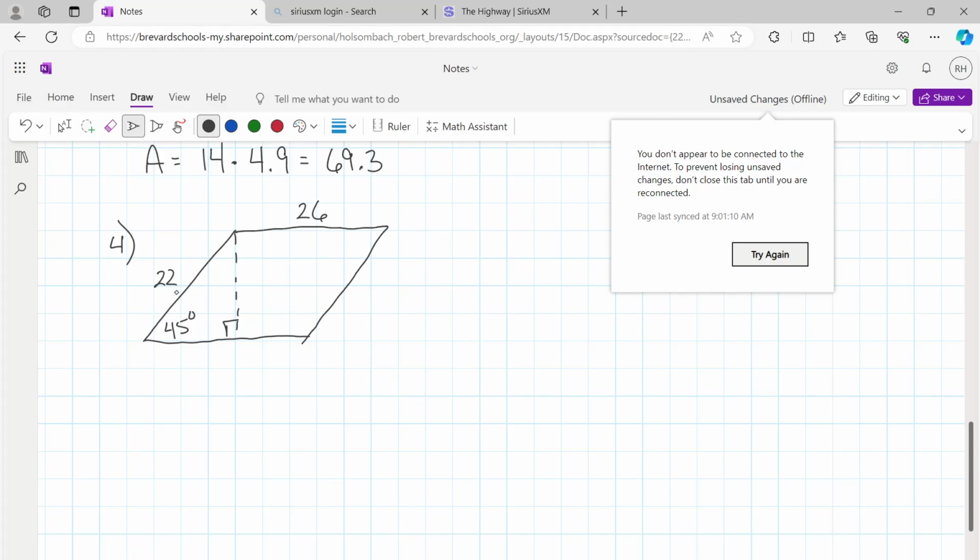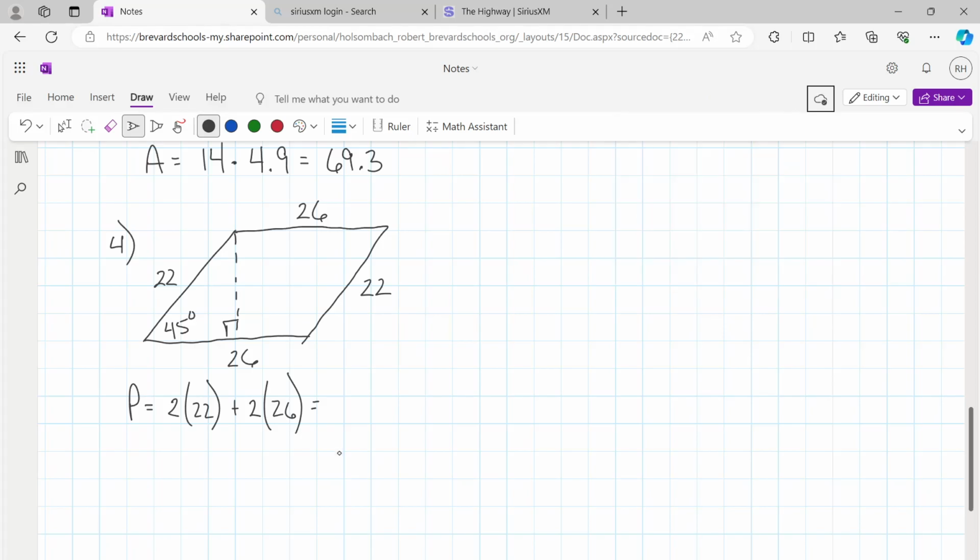All right, again, left side's 22, so the right side's 22. Top's 26, so the bottom's 26. Our perimeter is equal to 2 times 22 plus 2 times 26. 96.